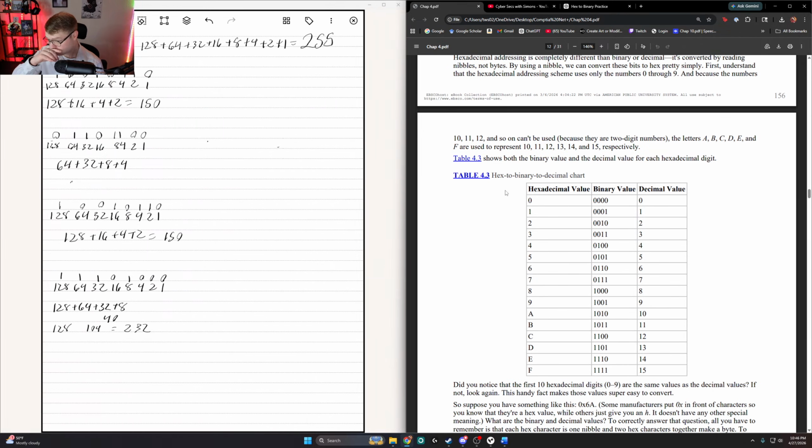So this is how we go about using the nibbles to count up to 15. And we can see how we get F, we get E, and these nibbles can represent different values in our octets, when we're talking about a MAC address.